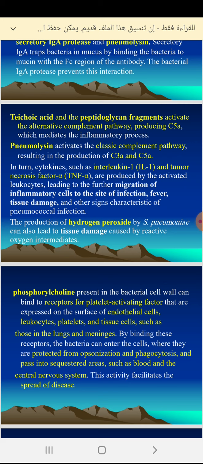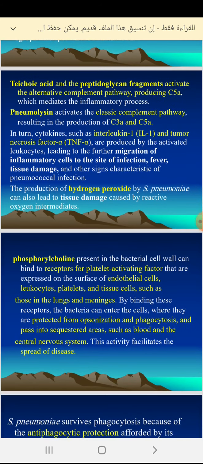Pneumolysin, the toxin excreted by this bacteria, can activate the classical complement pathway and produce C3a and C5a. In turn, cytokines such as interleukin 1 and tumor necrosis factor alpha are produced by the activated leukocytes, leading to further migration of inflammatory cells.